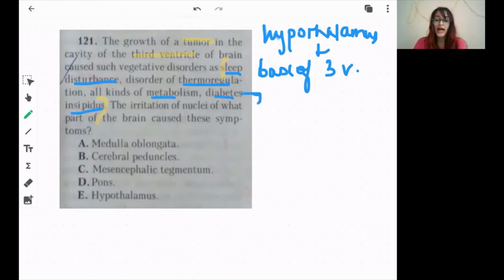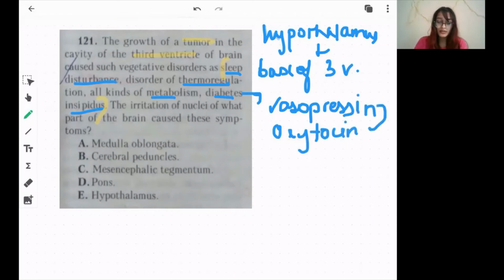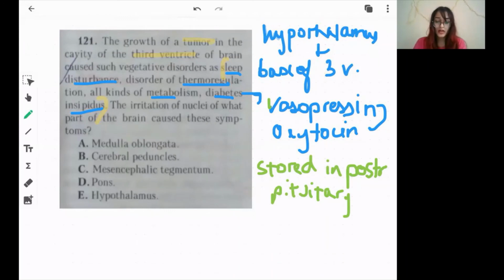Because the hypothalamus produces two hormones, vasopressin and oxytocin, but they are stored in the posterior pituitary. Because there's a tumor, the production of these hormones is now compromised. So diabetes insipidus is also present. So the answer will be hypothalamus.